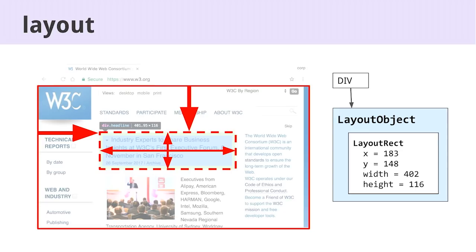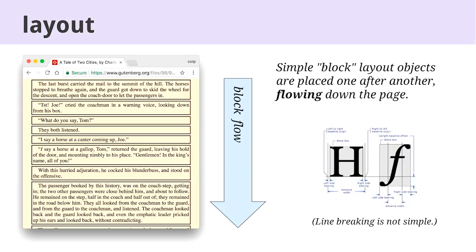So now that we've built the DOM and computed all the styles, the next step is to determine the visual geometry of all the elements. So for a block level element, we're computing the coordinates of a rectangle corresponding to the geometric region of the content area that that element occupies. In the simplest case, layout just places blocks one after another in DOM order, descending vertically.